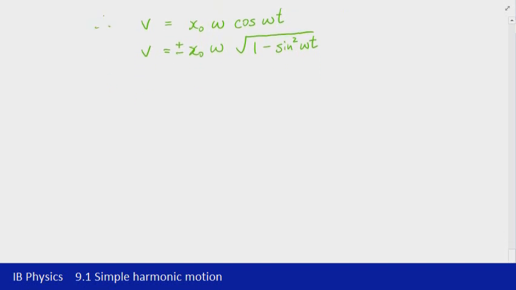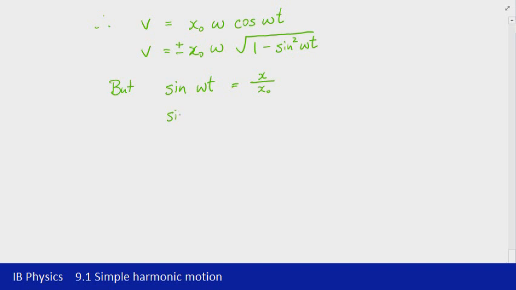So there's another step that we can take. If we go back to the initial equation for displacement, we can also identify that sine omega t would be equal to x over x naught. That's just dividing both sides by x naught. So starting off with x equal to x naught sine omega t, we can end up with sine omega t equal to x over x naught.